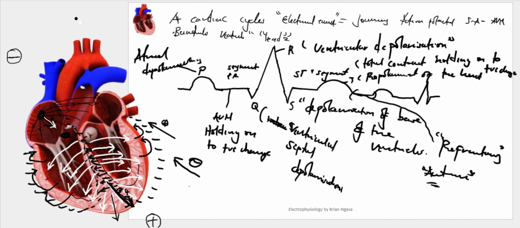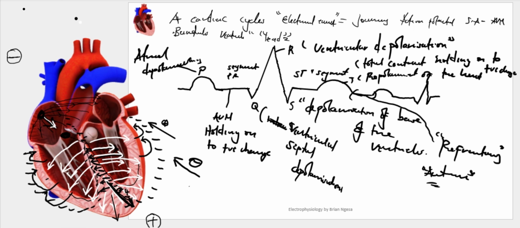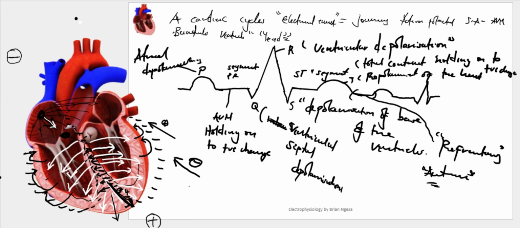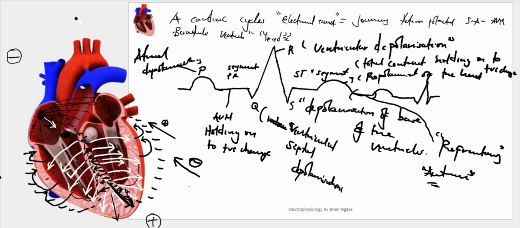So for example, think of the P waves. What are some of the things that might change the P wave? So for example, think of some mitral stenosis or some tricuspid stenosis. So this area is likely to dilate and it's likely to hypertrophy. So with hypertrophy, sometimes the contraction is likely to be a little bit more massive.